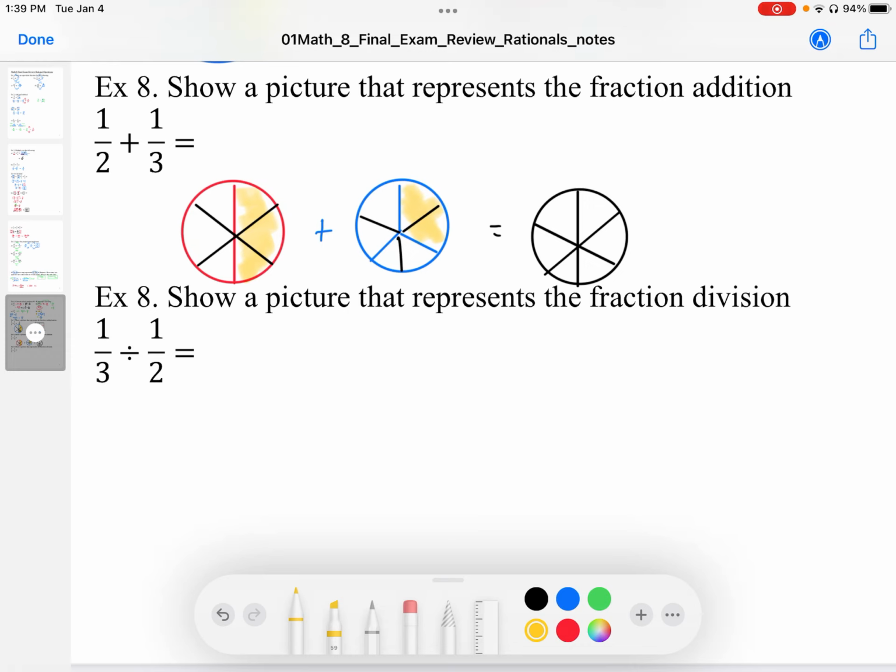Okay, so I'm going to end up with 1, 2, 3, 4, 5, 6 as my answer. So that's going to equal 5/6 as the addition of 1/2 plus 1/3.